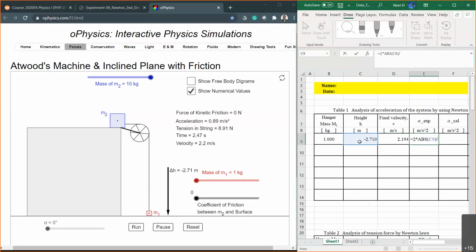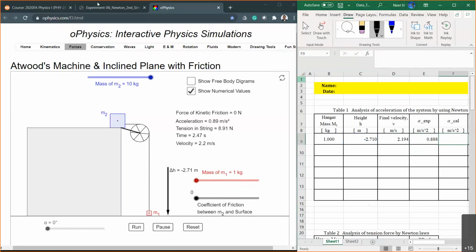The time in this case is 2.47 and then power 2. So I'm getting acceleration 0.89. I'm getting 0.888. It's a rounded value. Okay. Let's keep it like that.